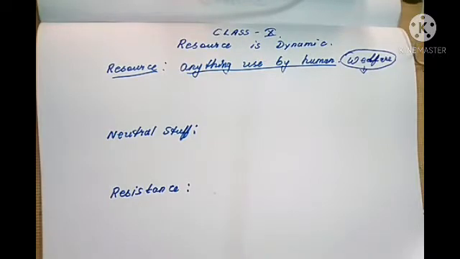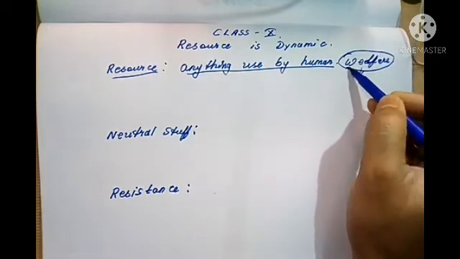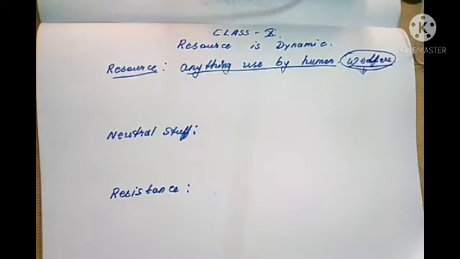Though he is using the cigarette not for his welfare but for his destruction, still it is a resource for him. He is relaxed after smoking, but I do not smoke, so it is not a resource for me. So always remember, anything involved in human welfare is a resource.